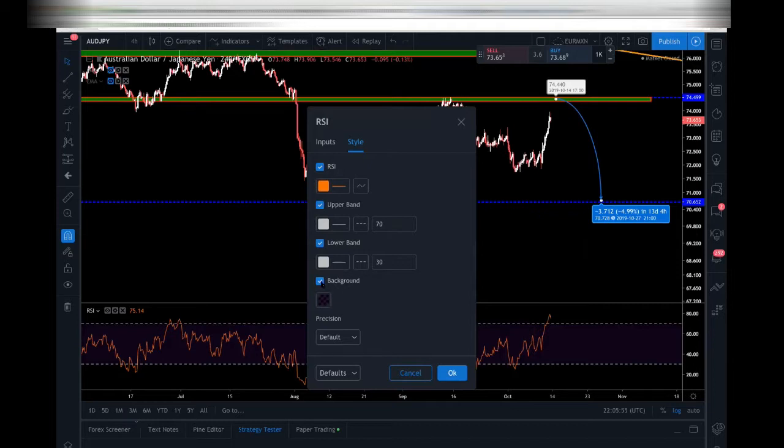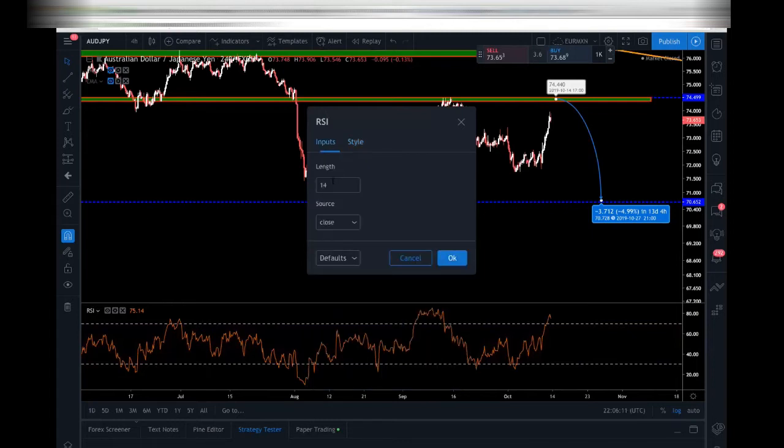Okay. Take the background off. Okay, so this is how your settings should look if you're adding the RSI within Trading View. Again, the length is 14, the source is close. Go ahead and click OK.